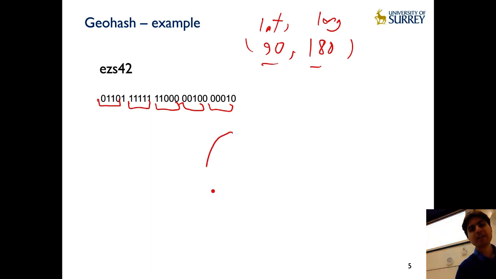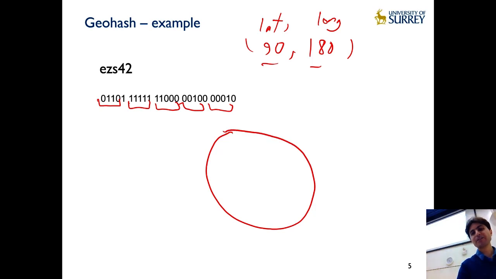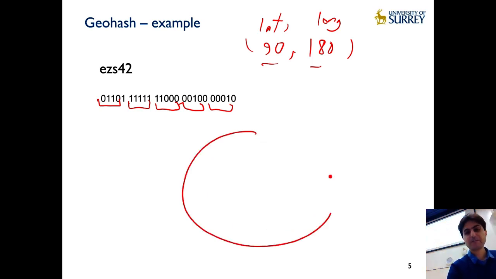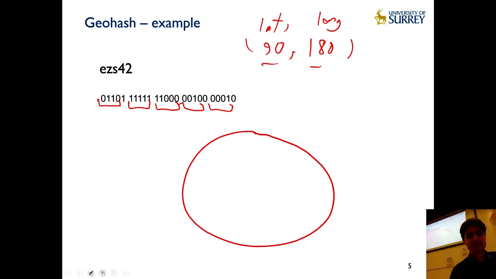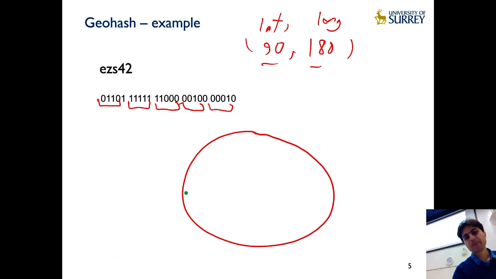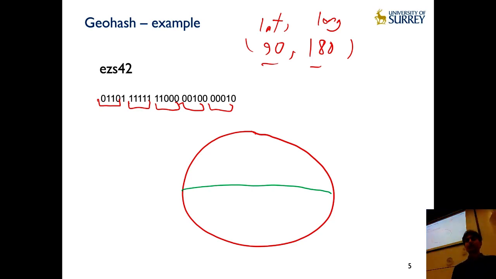Let's take Earth. My drawing is very bad. Let's assume this is Earth. It's not really a perfect sphere, but let's assume it is. Let me draw it a little better. Okay. Now, if you have a latitude, it will be something like this, right? The first one is the equator line. And then you will have different lines here, am I correct?